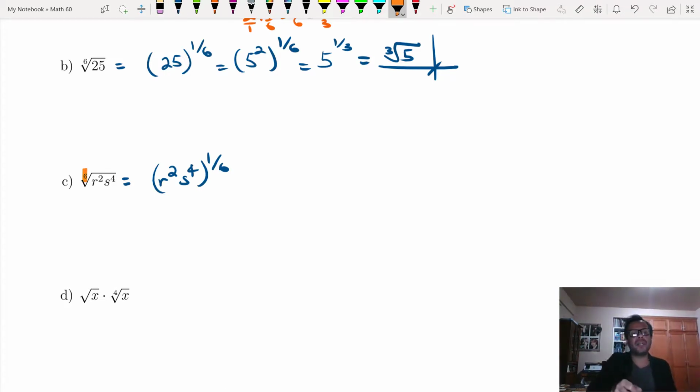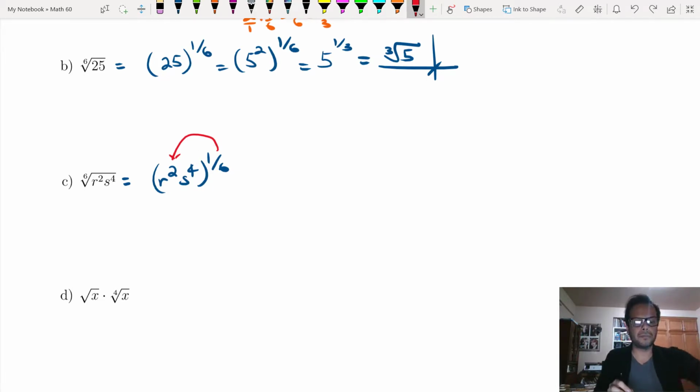Again, the index of the radical tells us the denominator of the rational exponent, right? Okay, so from here, what are we going to do? From here, we're going to use that property of exponents in which we distribute the exponent, right? We distribute the exponents to get the following.